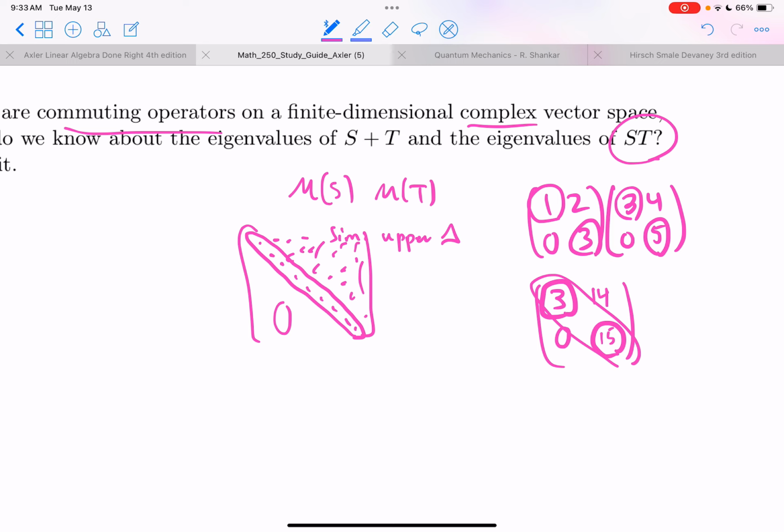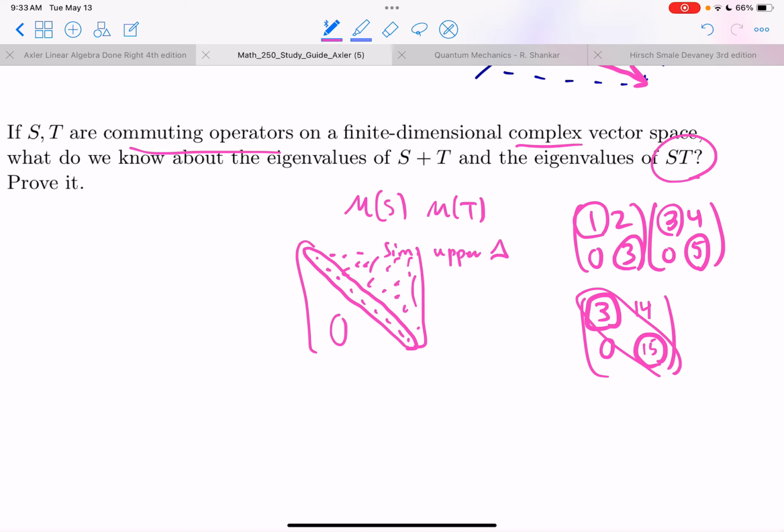So this is one of the advantages of knowing the nice matrix forms exist, is you can immediately show that the eigenvalues of ST are just multiplications of the eigenvalues of S times the eigenvalues of T. Let's see. And if you add them, the eigenvalues will add.